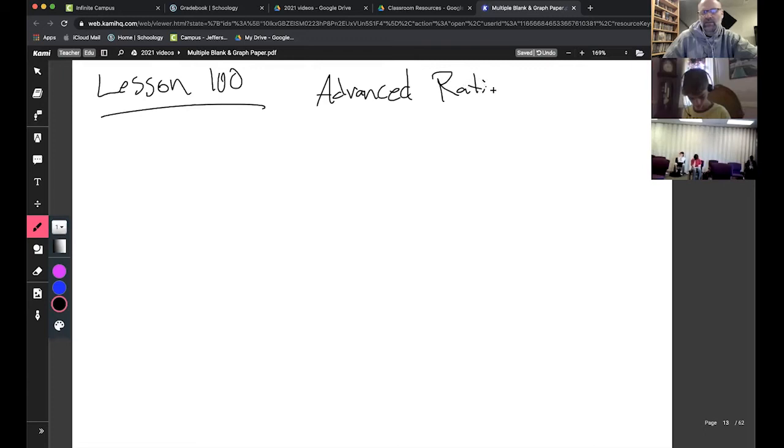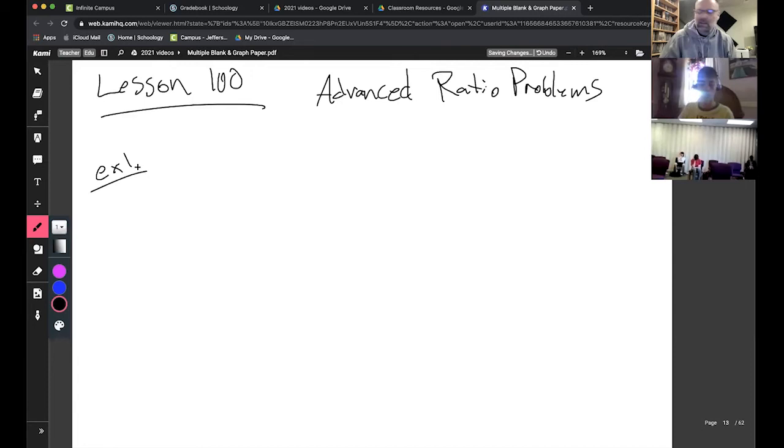These are advanced ratio problems. All right, so we're just going to start with some examples. And for every ratio, there is a third number. So if I say the ratio of boys to girls in this classroom is 5 to 1, or if Xavier was there, it'd be 6 to 1, or if everyone was there, it'd be 6 to 1.